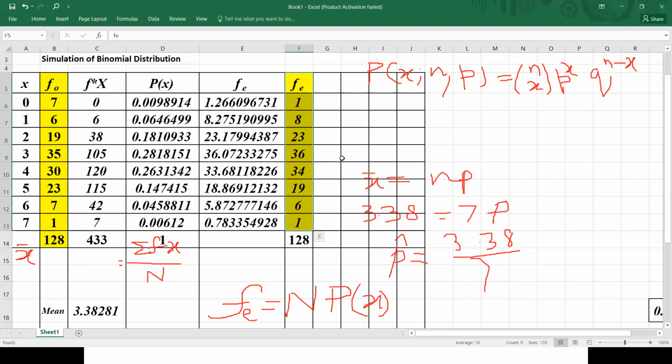So we can say that this binomial distribution is not accurately represented by this observed distribution. If these two frequencies are identical or very close to each other, then we can say the observed and expected frequencies have similarities, and this observed distribution can be represented by this binomial distribution. This step is known as the model test.